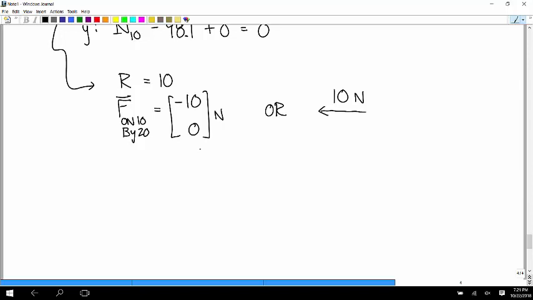But I think the best approach is just to calculate it each time because there are so many cases that can get messed up. Eventually, if you do a million problems, you get sort of a feel for it, but it just takes repetition.